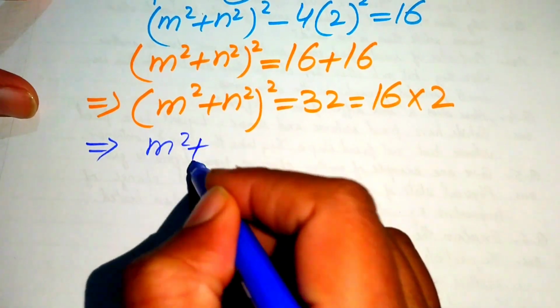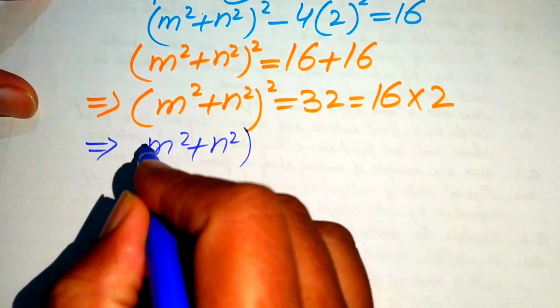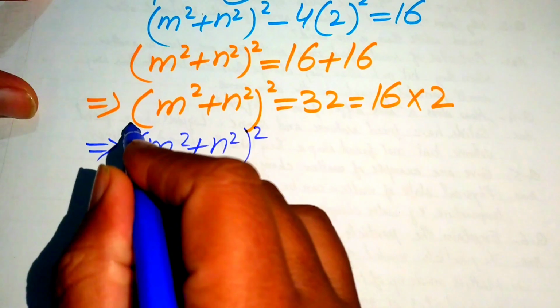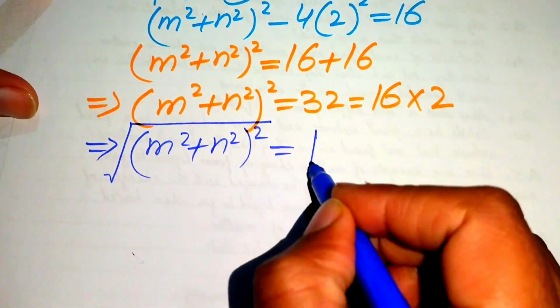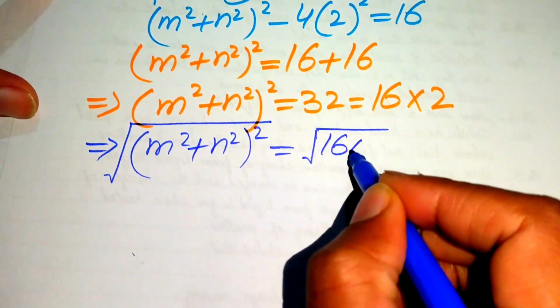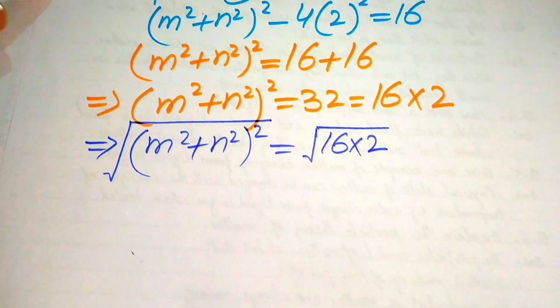So when we take the square root on both of the sides, we get the square root of (m square plus n square) whole square equals the square root of 16 times 2.